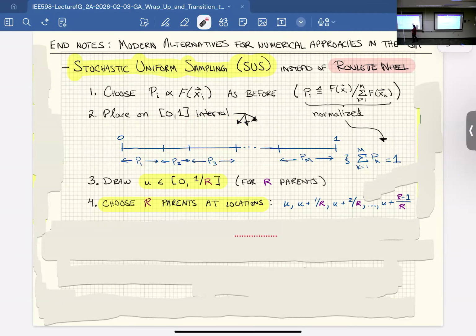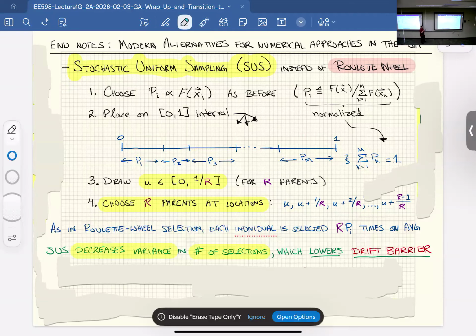It helps guarantee that you're not going to accidentally get a pileup of samples in one region. It reduces variance. It helps spread these things out in an honest way.